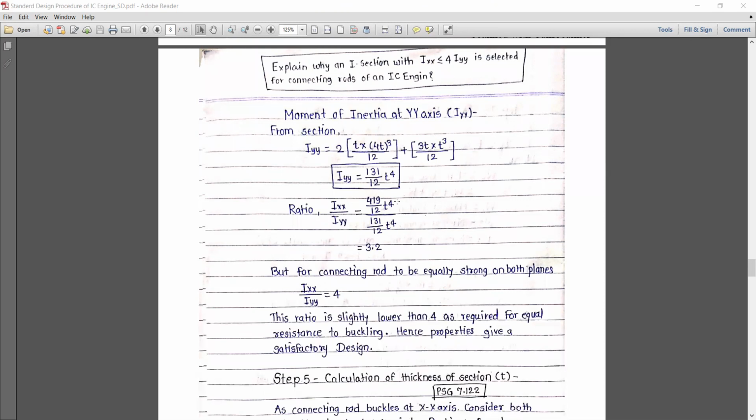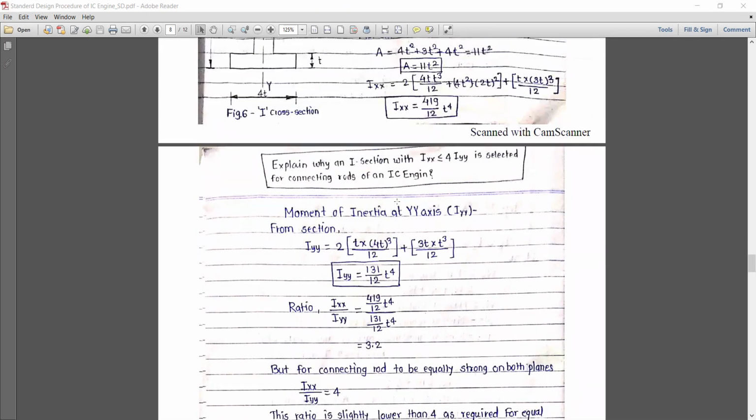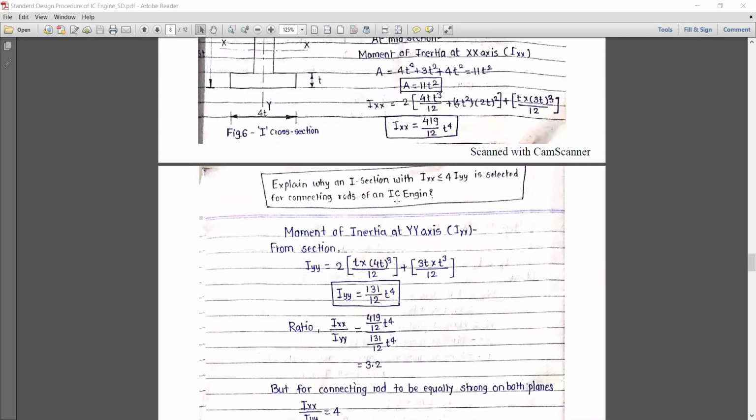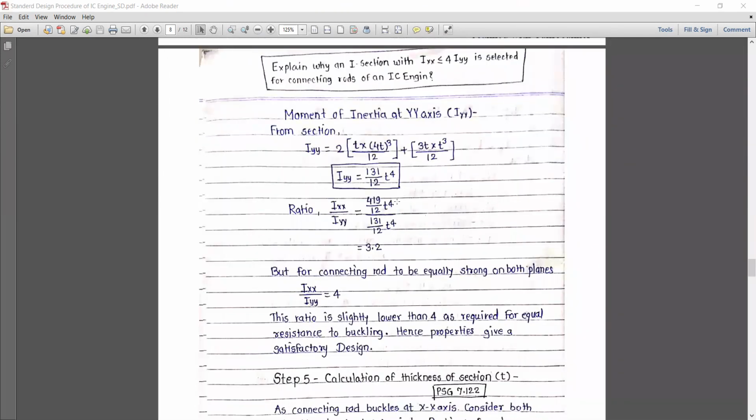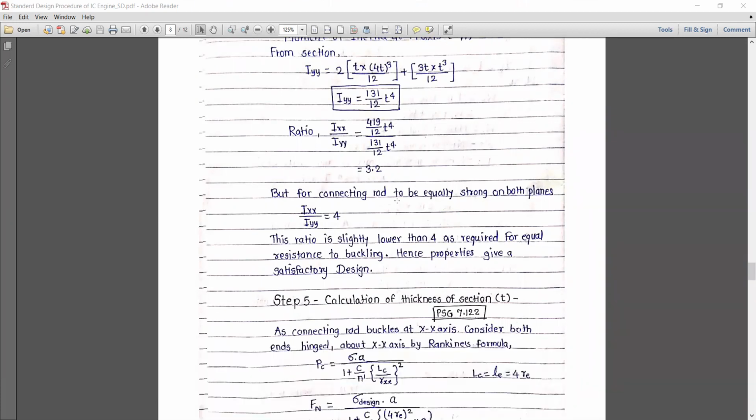Similarly, for the y-axis, the inertia is, the area is 3t cube, divided by 12, and the IYY is equal to 131 divided by 12 t raised to 4. When we take the ratio of IXX by IYY, we get 3.2.